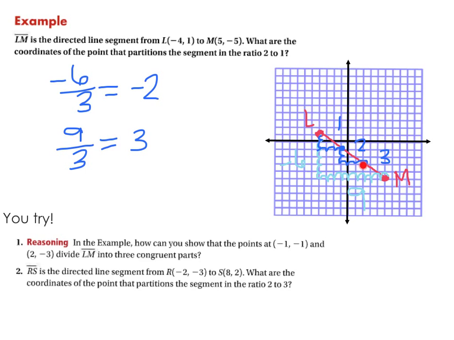If I choose this coordinate, then from here to L, this length would be twice the length from here to M. So this is the coordinate I want to choose, so I'm in a ratio of 2:1.